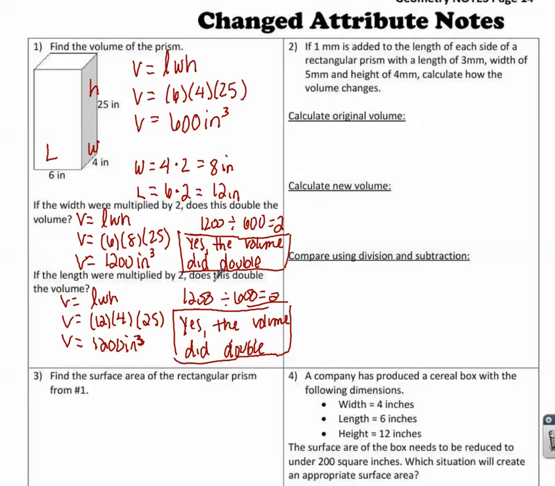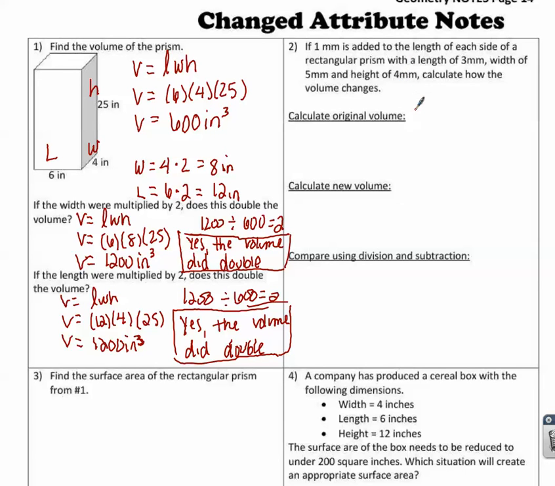Looking at example 2, if 1 millimeter is added to the length of each side of the rectangular prism, with a length of 3, width of 5, and a height of 4, calculate the volume changes.